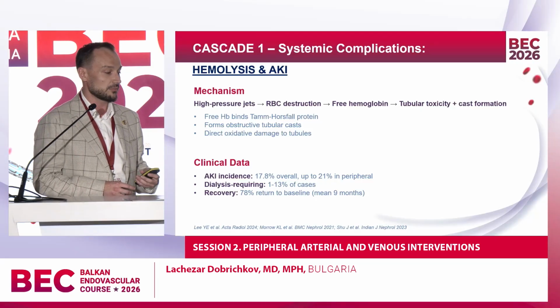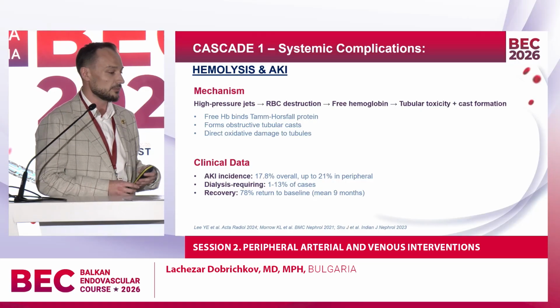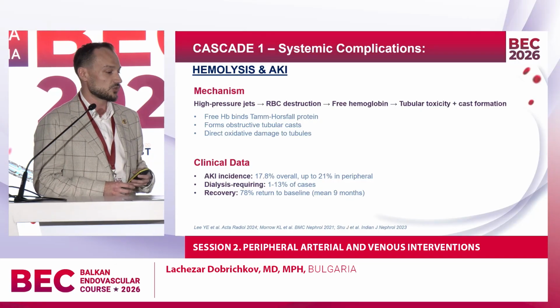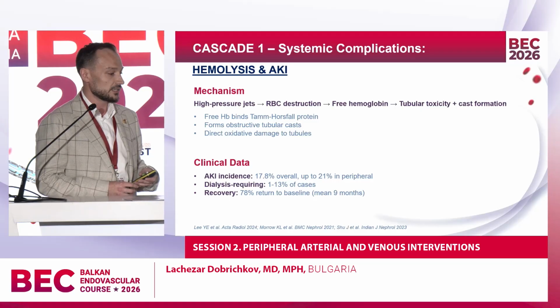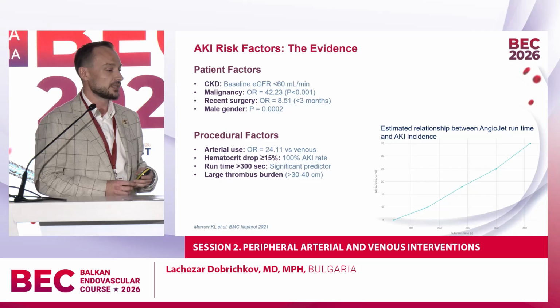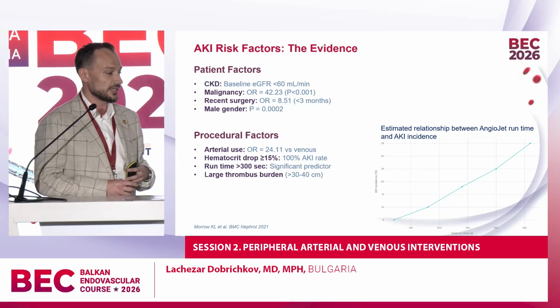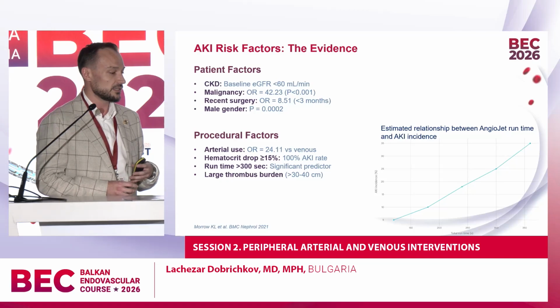Another problem is hemolysis and acute kidney injury. As I mentioned before, free hemoglobin is released, which forms obstructive tubular casts, and that causes direct oxidative damage to the tubules. The main risk factors are patient-associated, like chronic kidney disease, malignancy, recent surgery, and male gender.